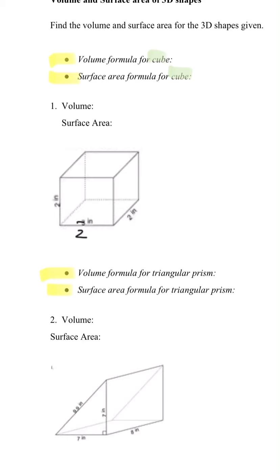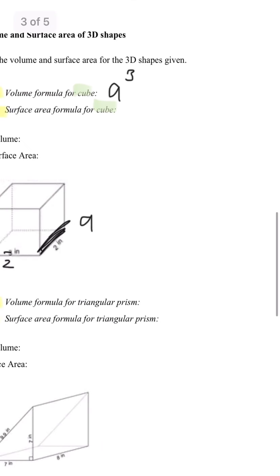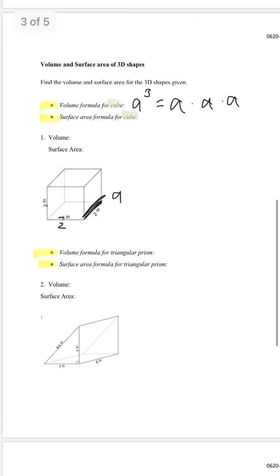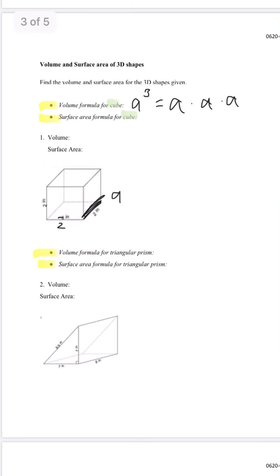Okay, well, the volume formula for a cube. Well, when we call this edge A, let's say that's an A. The volume is going to be A cubed, okay? Which is A times A times A, okay? So if A equals 2, then that means that's going to be 2 times 2 times 2, right?